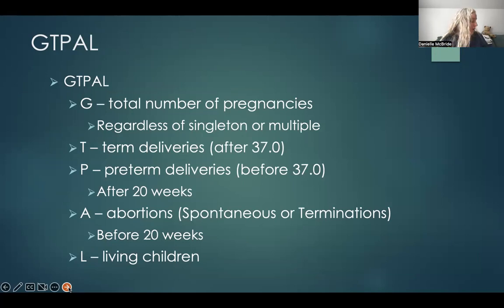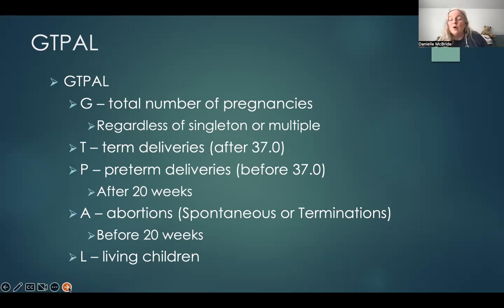Our T is term deliveries, deliveries that happened at term. If you think about what you might already know, what would you think term is? Term is going to be greater than 37 weeks and 0 days gestation.